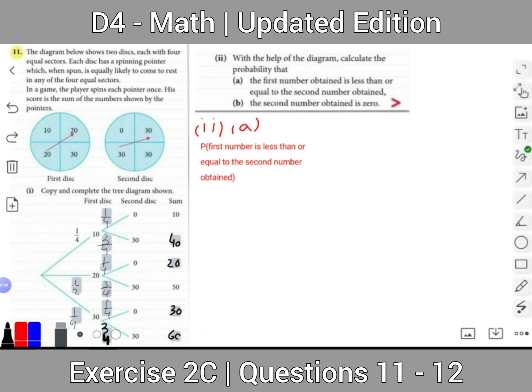Now to find the second number, here we have three possibilities. We have the ordered pairs: 10, 30, plus the probability of 20, 30, plus the probability of 30 and 30.